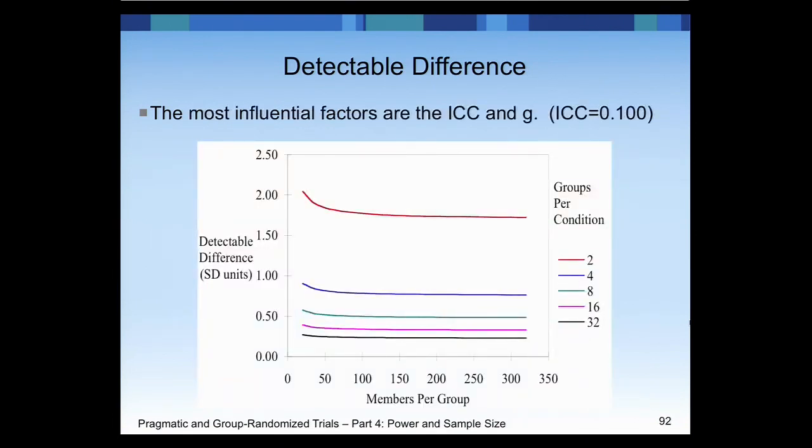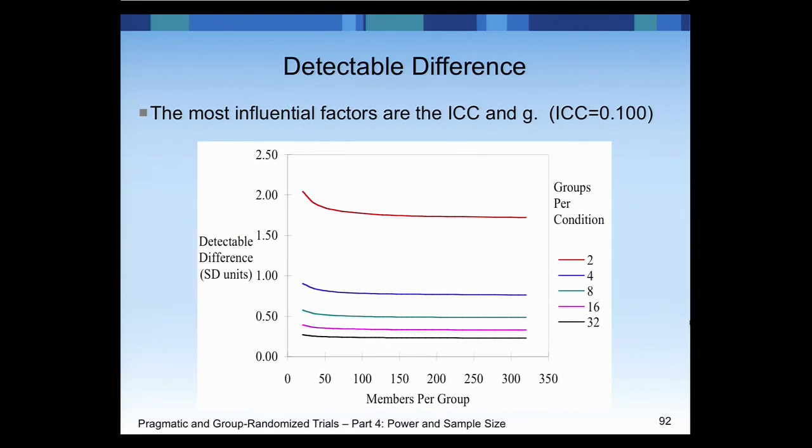This slide and the next two that follow will help you understand a bit the role of the intraclass correlation, the number of groups per condition, and the number of members per group in the detectable difference calculation. You've seen these before if you watched part 1 in this course, where we reviewed them briefly. The lines show the detectable difference, which is on the y-axis.